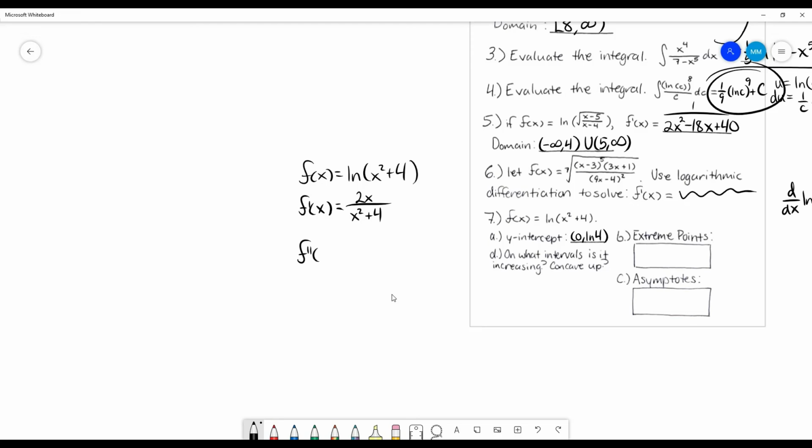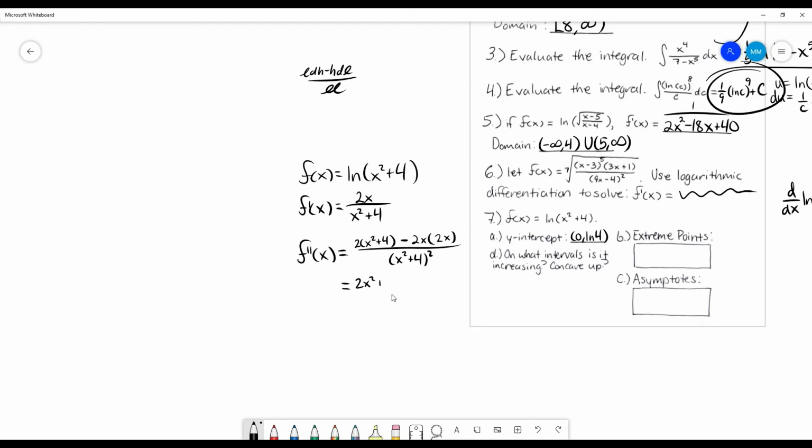Taking that second derivative, however, is a little bit trickier because now it's not a derivative of log, it's just using quotient rule. So knowing that, we have our low d high minus high d low over low low. So it's going to be 2 times x squared plus 4, because that's the derivative of our top times our bottom, minus our top term times the derivative of our bottom, which is our top term, funnily enough, over our bottom term squared, and then of course distribute and combine like terms.